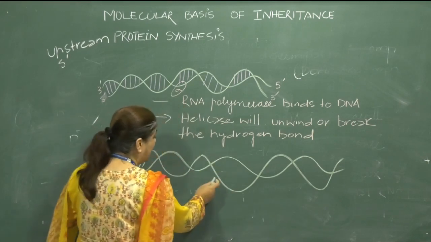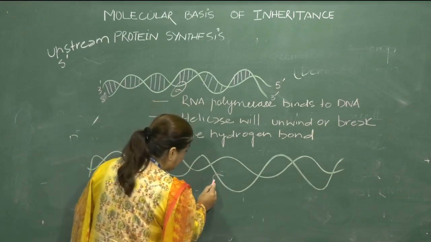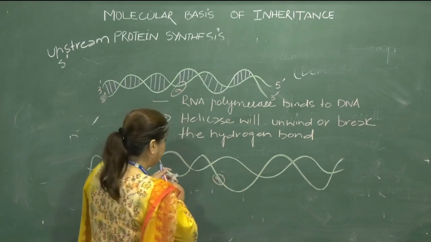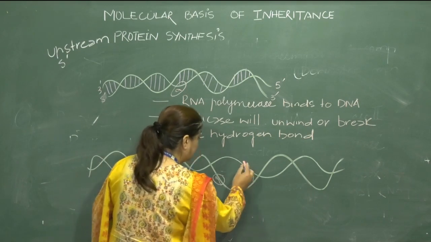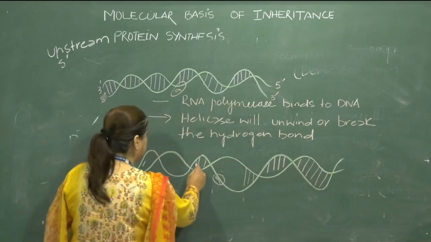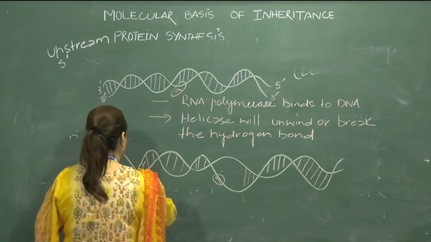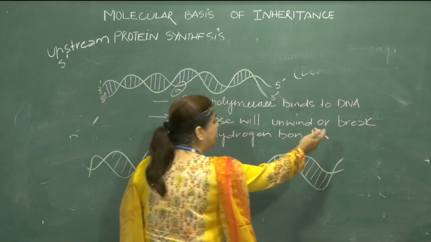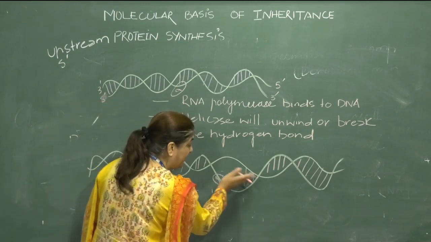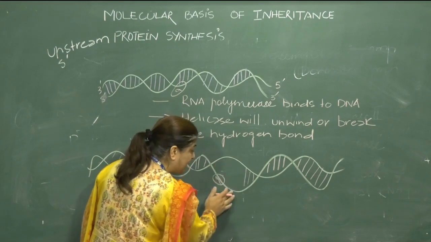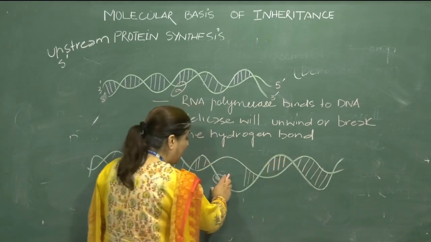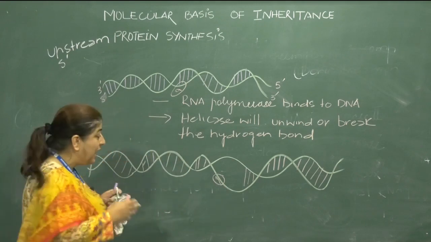Now, as we see, RNA polymerase binds to this strand, and in the DNA molecule these hydrogen bonds are being broken. The helicase will unzip the DNA and expose the 2 DNA strands. Suppose this strand has the polarity 3 prime to 5 prime.